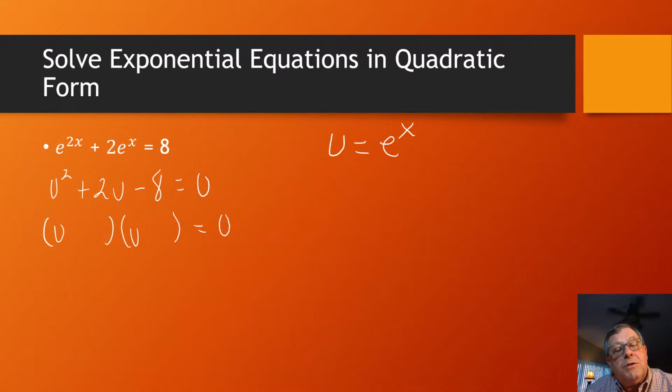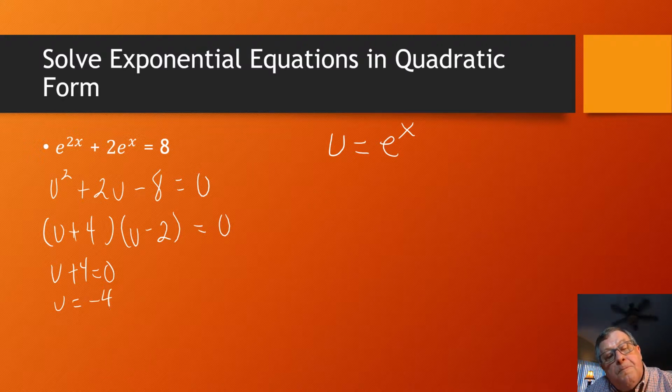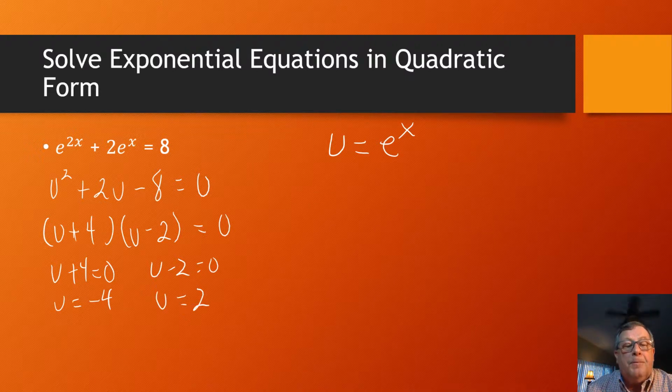I need two numbers that multiply to negative 8 and add to positive 2, and I think that plus 4 and minus 2 should do the trick. Now we're going to set each factor equal to 0, so I got u plus 4 equals 0. Subtract the 4 from both sides, I got u equals negative 4. And then I've got u minus 2 equals 0. Add 2 to both sides, where u is equal to 2.